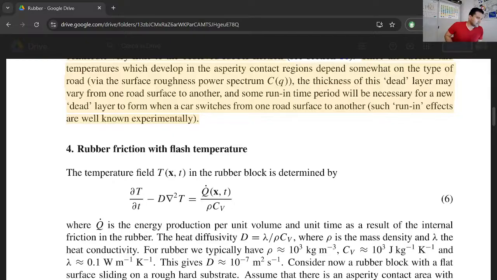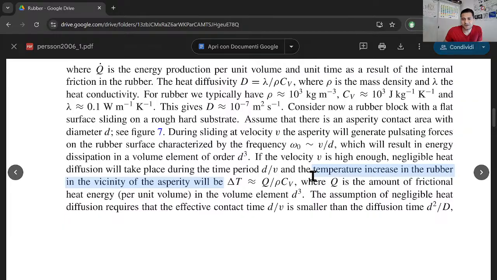Okay. Then, with this assumption, from this observation, it is possible to write the temperature variation as delta T. I will show you this delta T here.